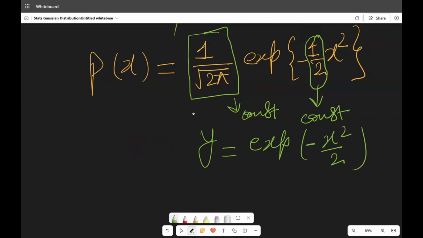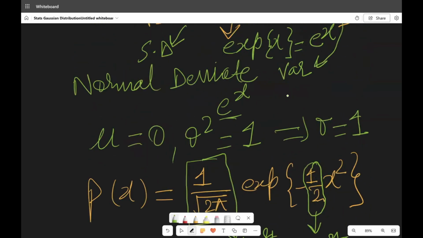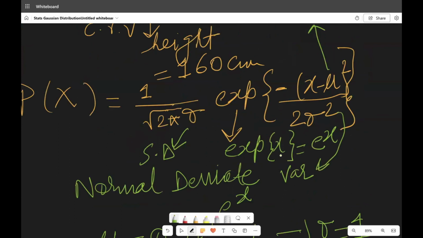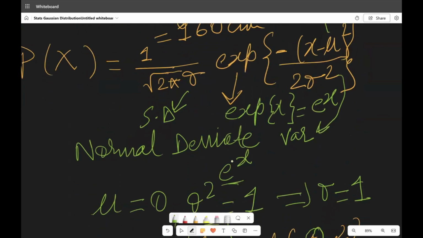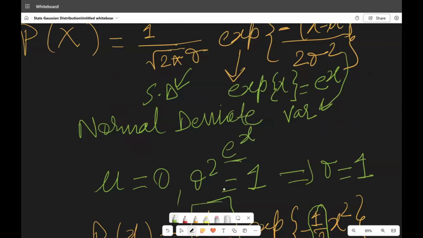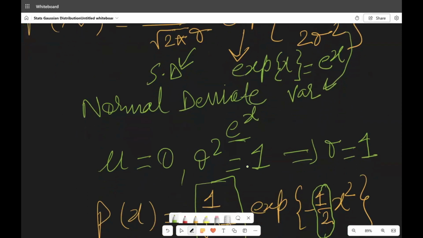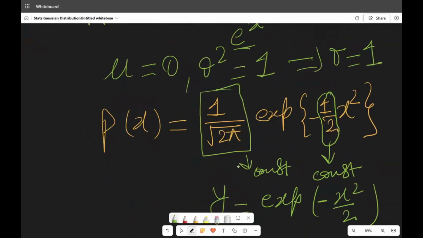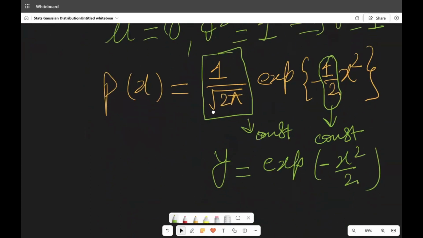So what I have done here is first I have written this very crazy looking formula, then I have simplified it by making mu equal to 0 and sigma square equal to 1. I am further simplifying it by removing the constants.